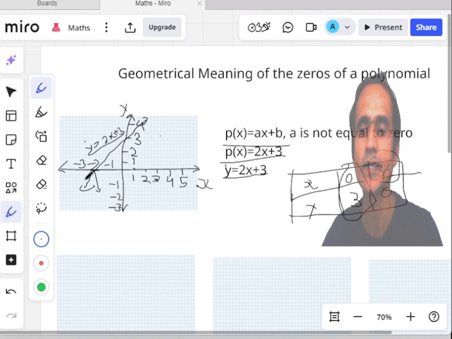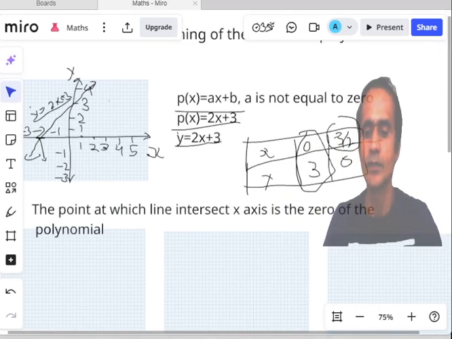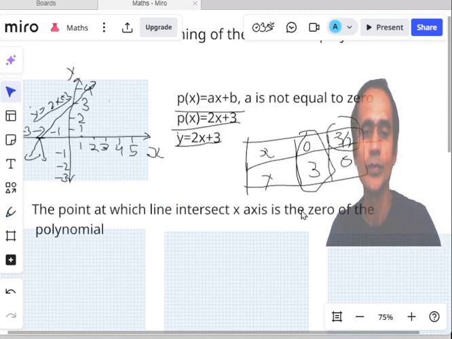So that point is the 0 of this polynomial. This is the geometrical meaning for a linear polynomial.